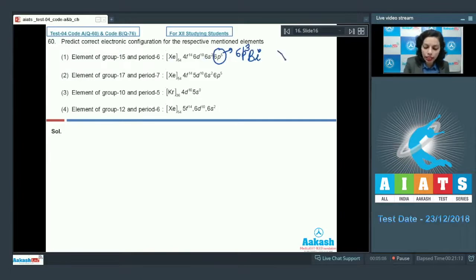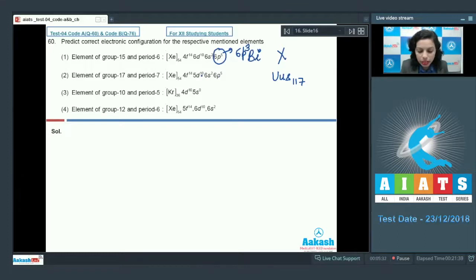So this is incorrectly given electronic configuration for the element of group 17 and period 7. If we talk about this element, this is unseptium with the atomic number 117. Here its electronic configuration is given. Xenon, then 4f14, 5d10, 6s2, 6p5. Let's check the group number on the basis of the given electron.